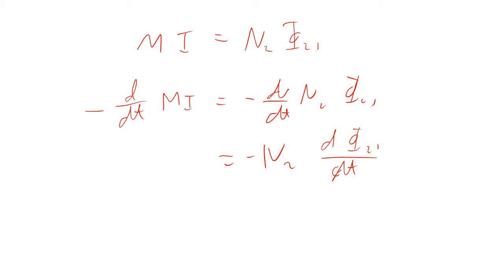On the left, we're assuming that this thing that we call the mutual inductance can come out of the derivative. It's constant, as long as you don't change the orientation of everything.